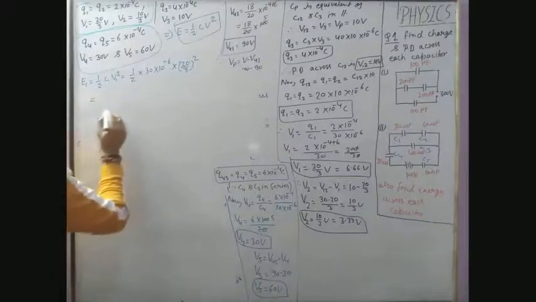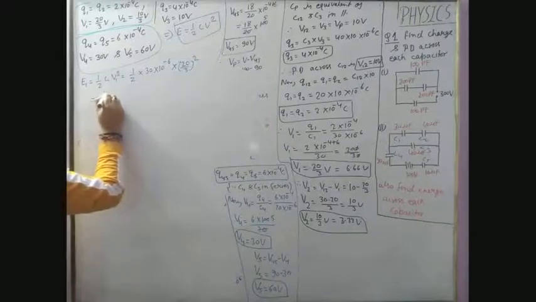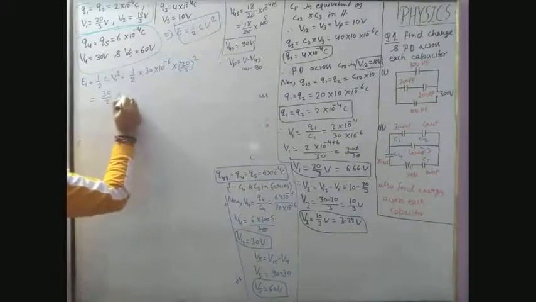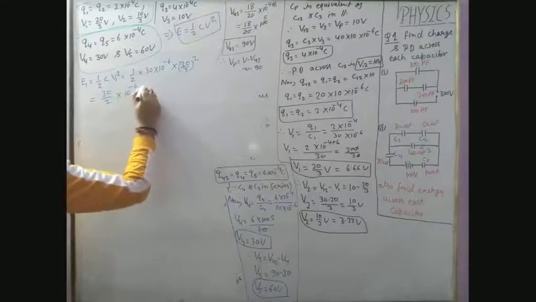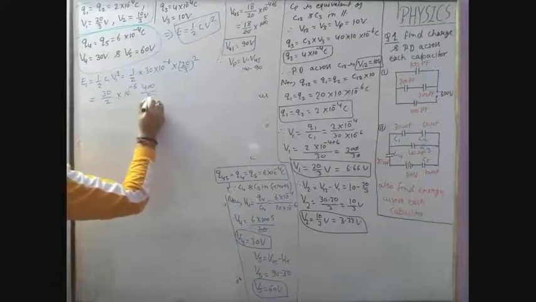This we calculate as 30 by 2 into 10 to the power minus 6 into 400 upon 9.